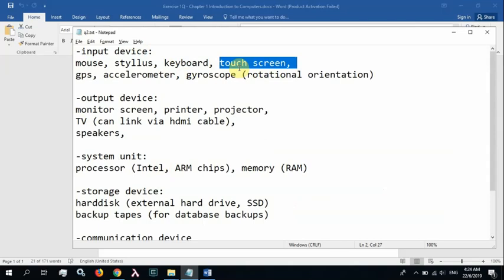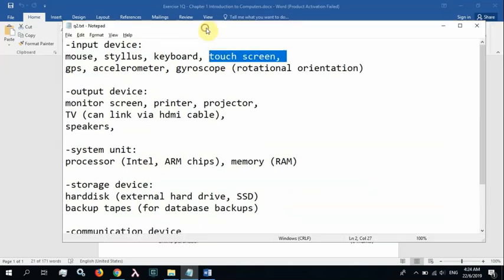It will be able to detect which place you have touched on the screen. So nowadays you have not just handphone but laptops. Some of the laptops, they also have this ability, these touch screens.